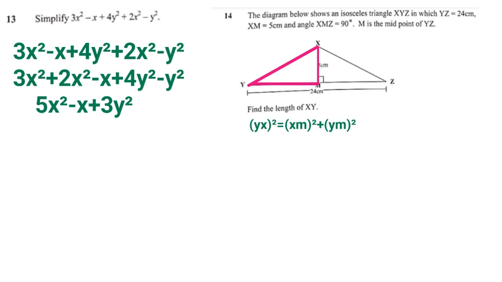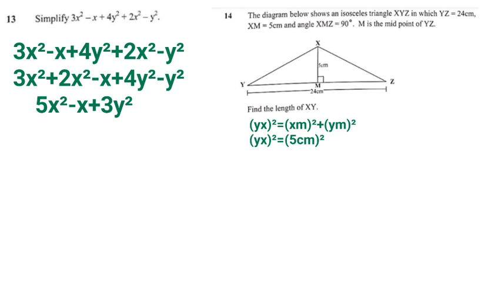Then first I'm going to remove the drawings on the triangle so that we can see exactly the measurements. Like 5 there, it's a bit obstructed. Okay, once we have done that, we're going to say YX squared is equal to, so XM is equal to 5 centimeters, so we're going to have 5 centimeters squared plus YM.